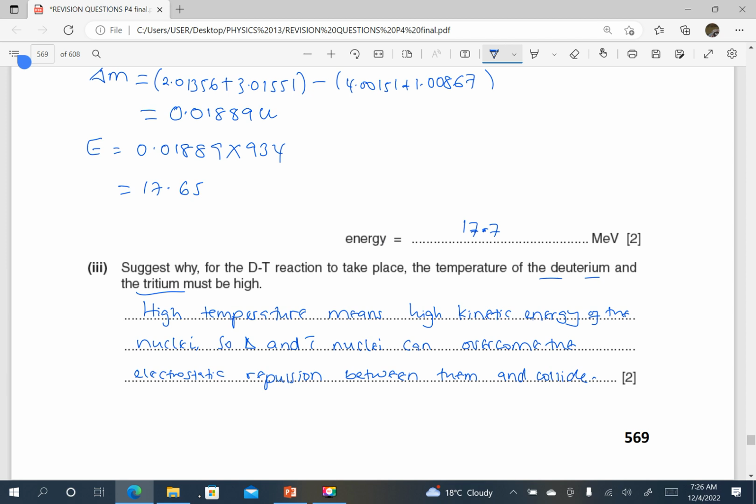So at high temperature, they can easily come together for the reaction to occur. Because at high temperature, it means they have high kinetic energy, which is therefore able to overcome the force of repulsion between them for the reaction to occur.